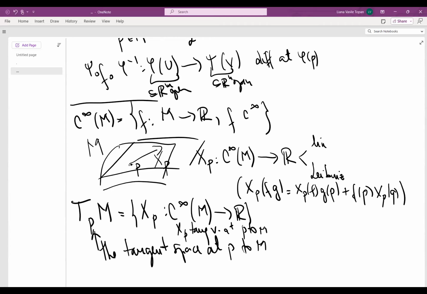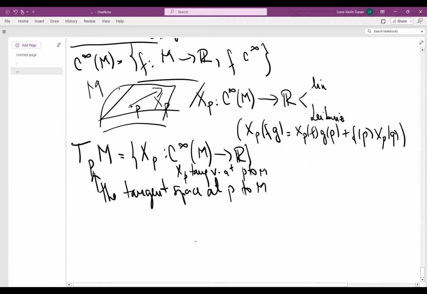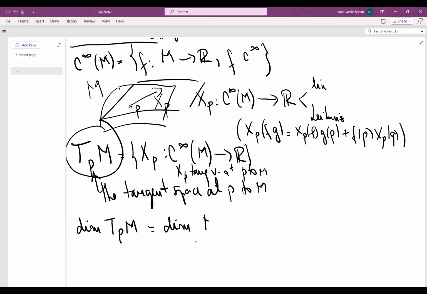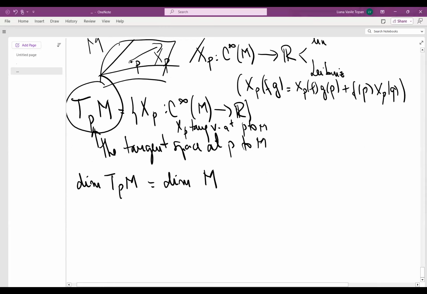Very well. Now, we also saw yesterday that this is a vector space, being the subspace of the algebraic dual of C infinity of M. So this is a vector space, and the dimension of this vector space is the same as the dimension of the manifold M. So we also constructed a basis, a coordinate basis, around the point P. You take a chart around the point P, and then we define tangent vectors like that.